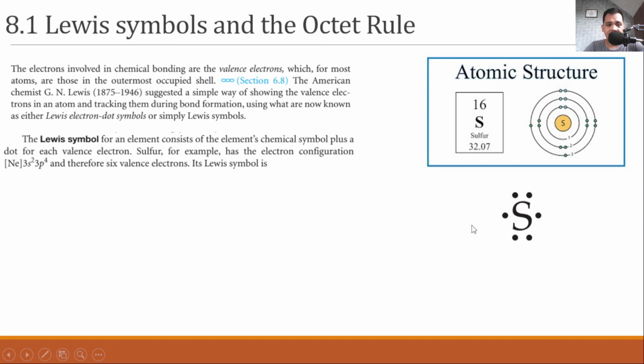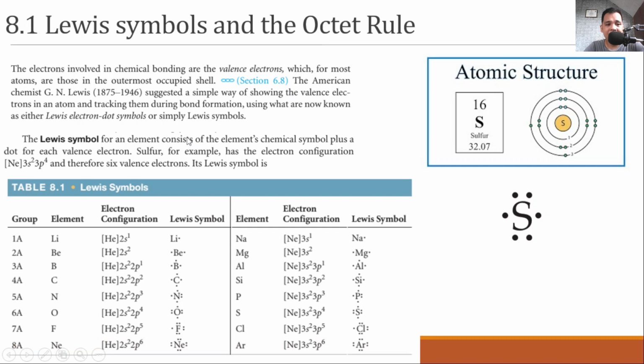But how do we know the number of Lewis dots? We look at the electron configuration, specifically the outermost electrons. For example, lithium is in group 1 because its valence electron is 1. Beryllium has 2 Lewis dots, and so forth.